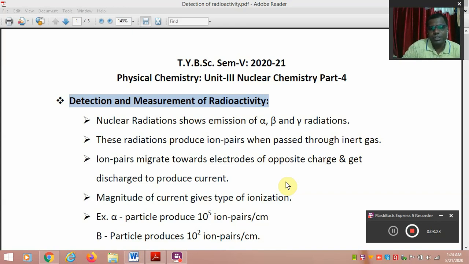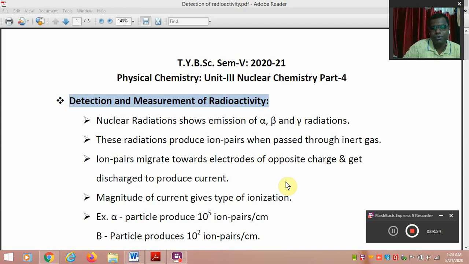So these ion pairs, in the presence of an applied electric field or applied voltage, migrate towards the oppositely charged electrode and get discharged, and during discharge they are responsible for producing current. From the magnitude of current produced, we are able to identify the type of ionization, and from the type of ionization, we are able to identify the radiations or the particles emitted by a particular radio element.